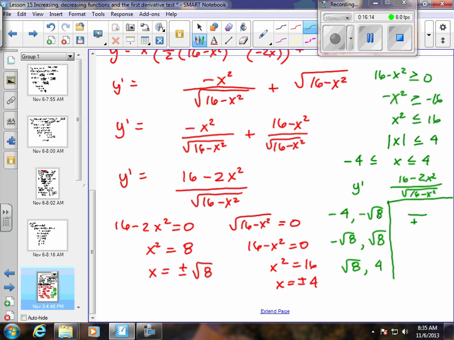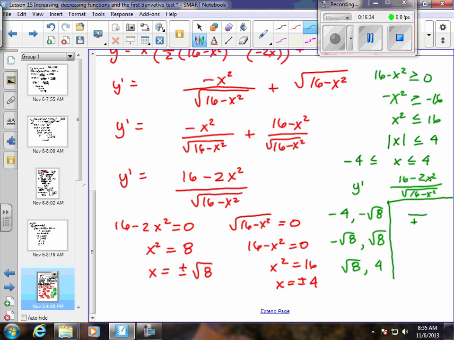So again, the negative square root of 8 is going to be somewhere between -2 and -3. So if I used -3, would that fall in that interval?